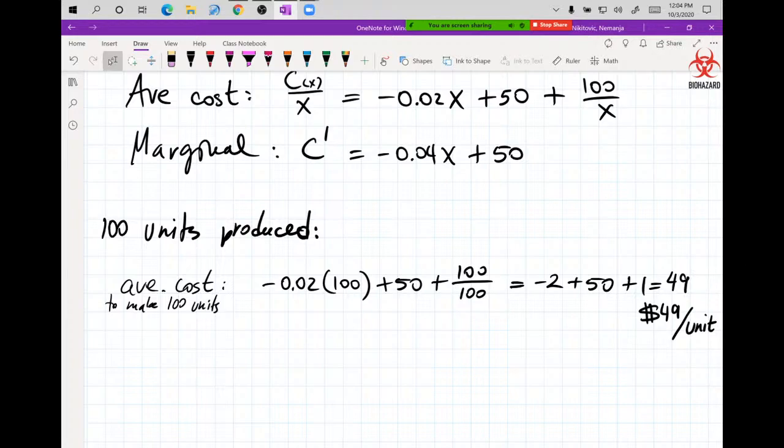If you are producing something on average at $49 per unit, you can't be selling that for less than 49 and somehow believe that your business is going to stay, because you're at a loss. Even if you're selling it at 50, stuff comes up.